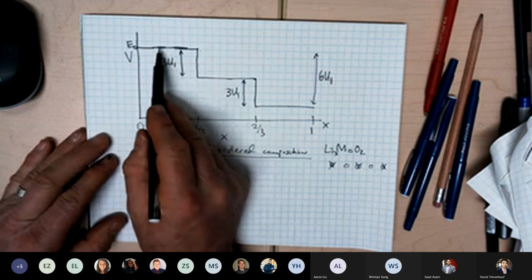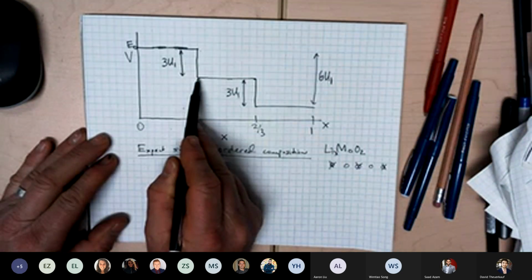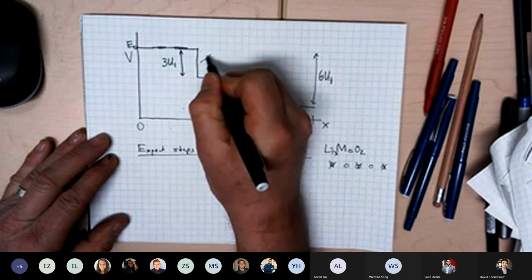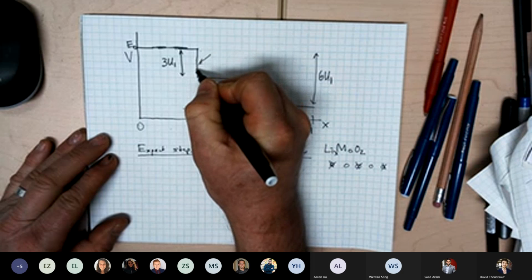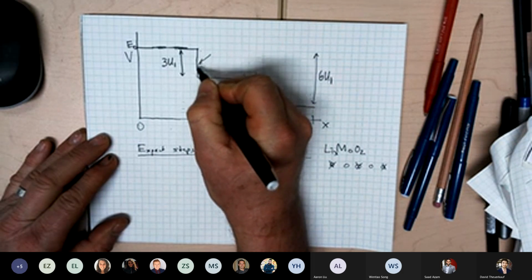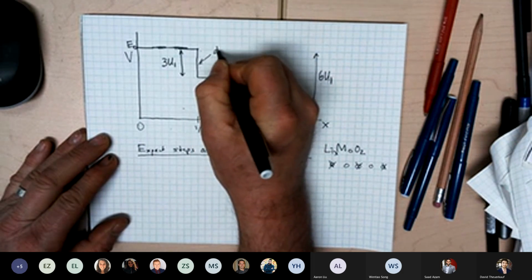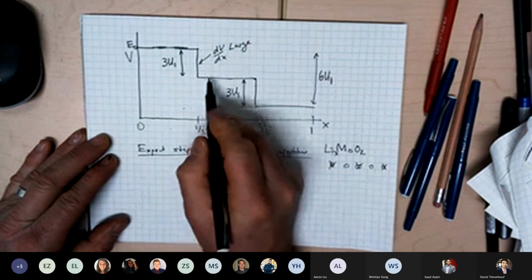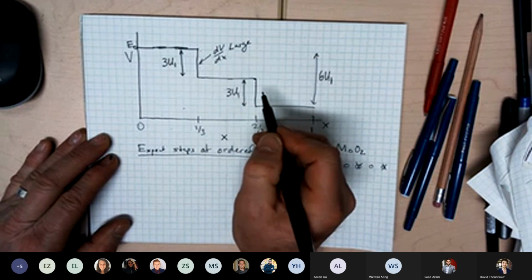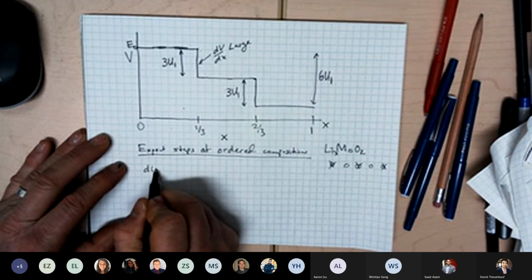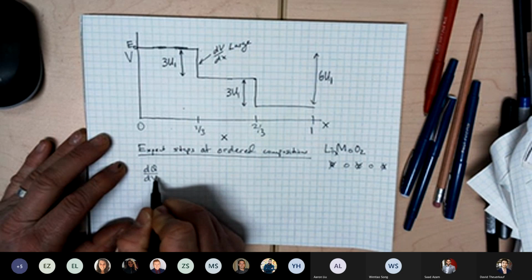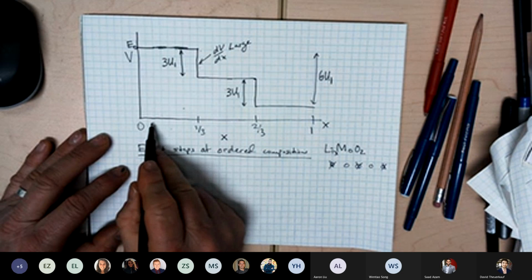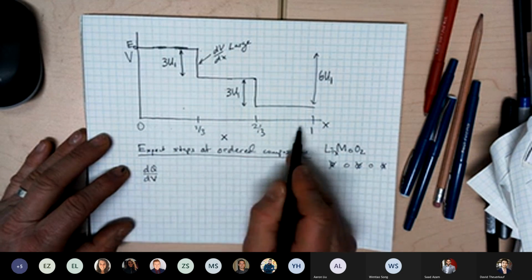let's think about what happens to the differential capacity here. So here you see the rate of change of voltage with composition is incredibly large. dV by dx is large. So therefore, the differential capacity, we talk about dq by dV in our battery measurements, but the charge is proportional to the lithium composition.